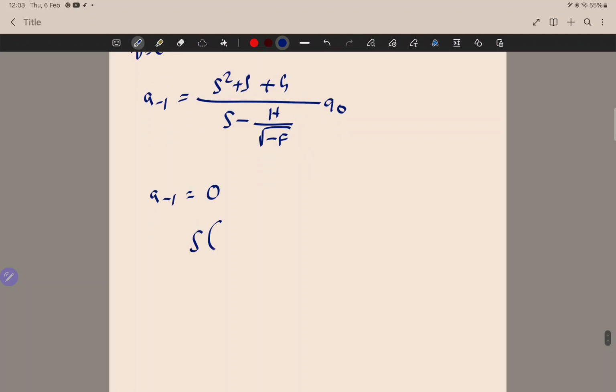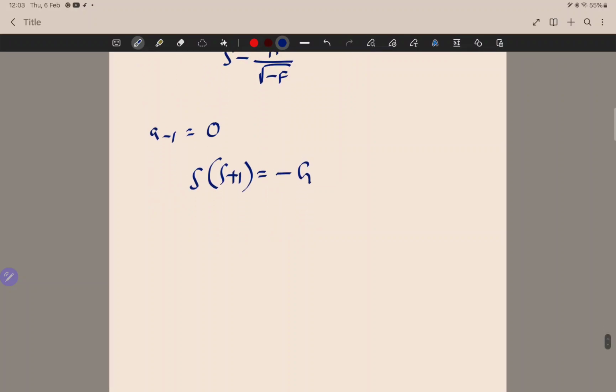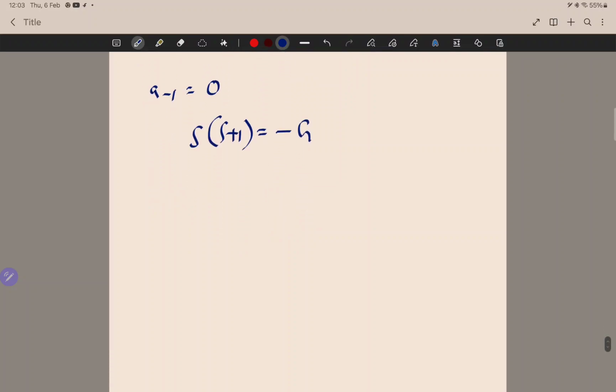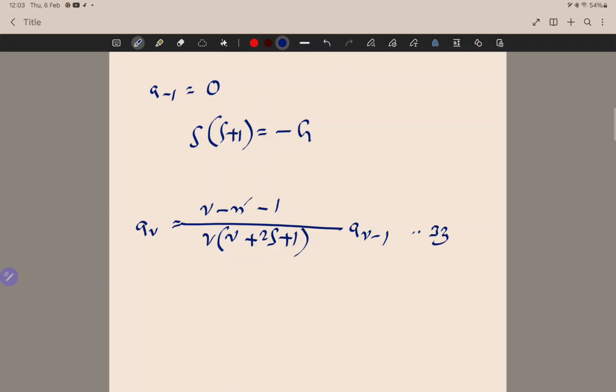We can find that s(s+1) equal to −g. So the equations determining s and a_ν are a_ν equal to (ν − n′ − 1)/(ν + 2s + 1) a_(ν−1). This is equation number 33 and this is equation number 32.